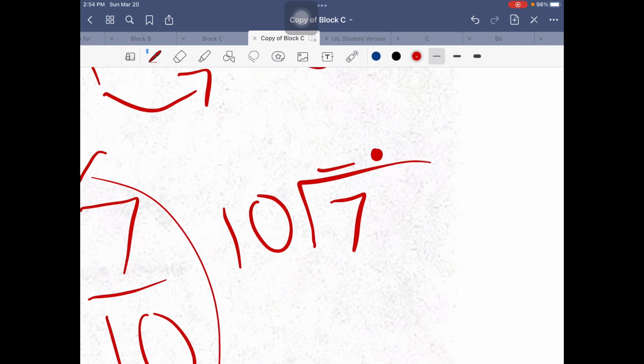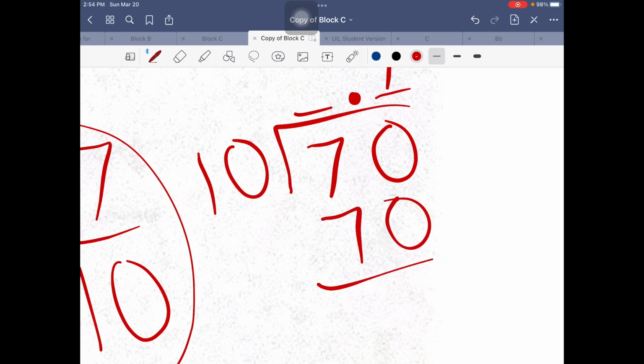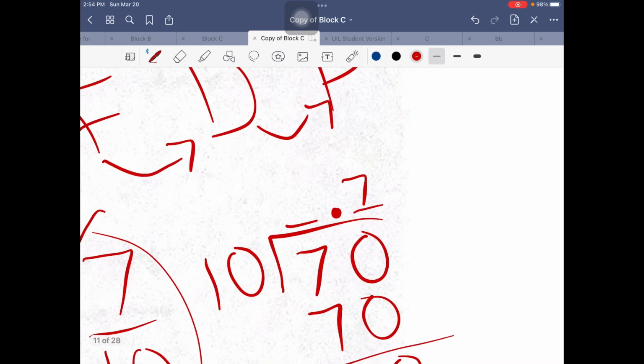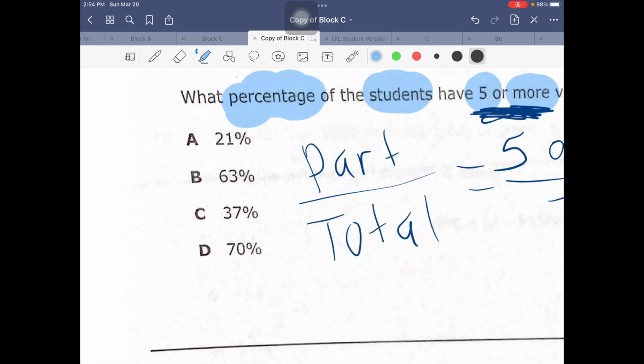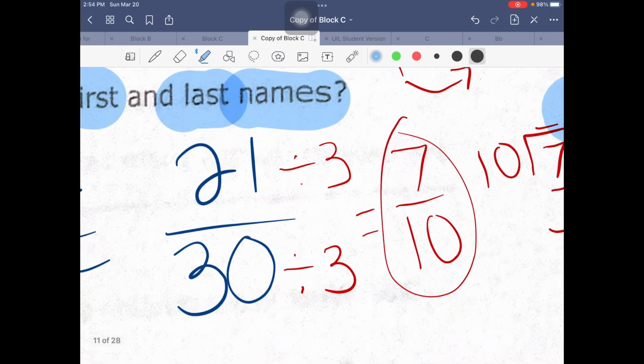How many times can 10 go into 7? Well, it can't. So how many times can it go into 70 when we add a decimal and a decimal place? 7. 10 times 7 is 70. That means my decimal is 0.7. But I'm not looking for a decimal. I'm looking for a percentage.